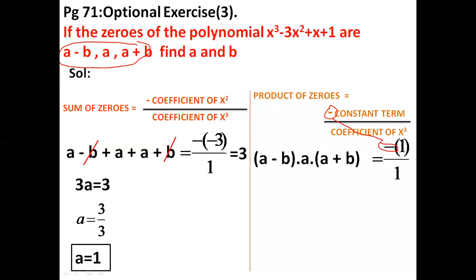And here, what is the constant term in the given cubic polynomial? That is 1. So I'm writing 1 by, what is the coefficient of x cube? That is 1. So minus 1 by 1.